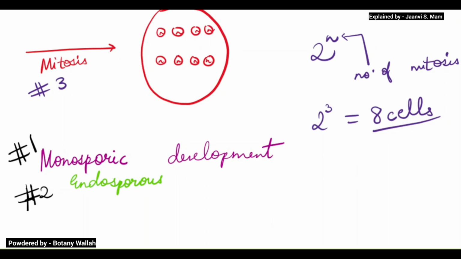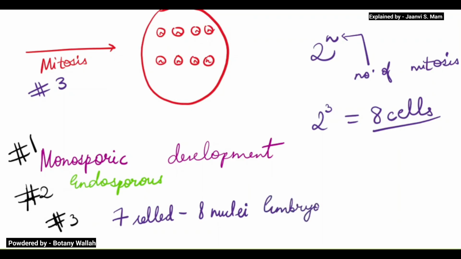And the last thing, which I already mentioned but will write here, the third point you should know, is that the structure is a seven-celled, eight-nucleate embryo sac structure. Okay, and everything is concealed.